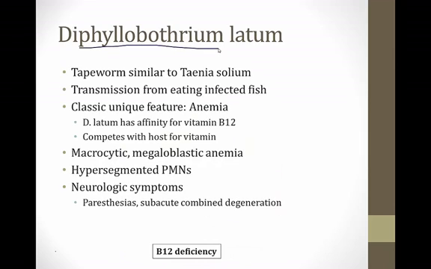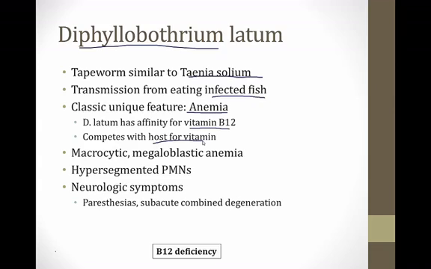Diphyllobothrium latum is a tapeworm that's very similar to Taenia solium, but instead of getting it from pork, you get this from eating infected fish. And the unique thing about infection with Diphyllobothrium that they want you to know about is that it causes a B12 deficiency. So patients who are infected with this tapeworm will become anemic, and the helminth has an affinity for vitamin B12, so it competes with the host for the vitamin.